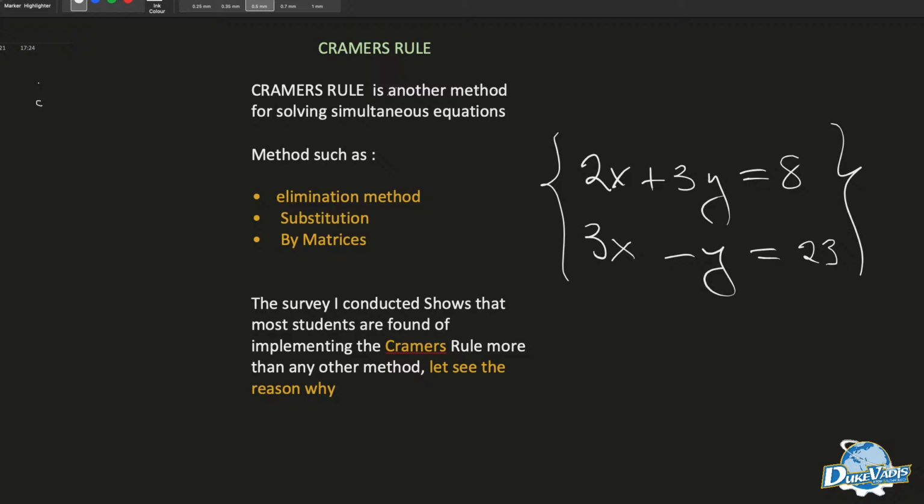Cramer's rule, after teaching simultaneous equations at this level, is more or less an intermediate level topic.